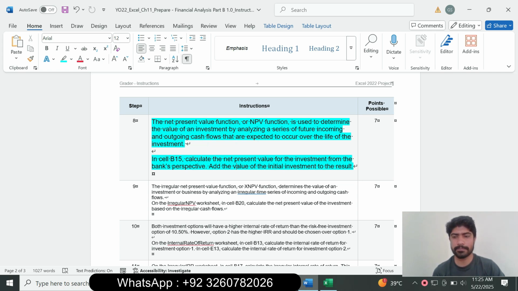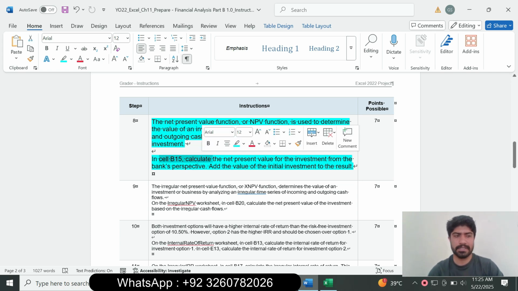So in cell B15, calculate the net present value for the investment from the bank perspective. Add the value of the initial investment to the result.